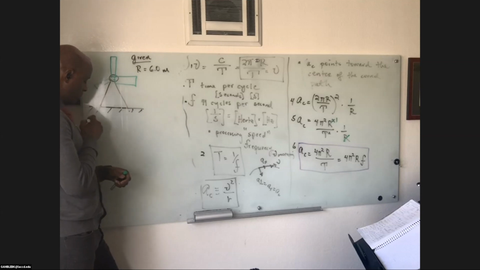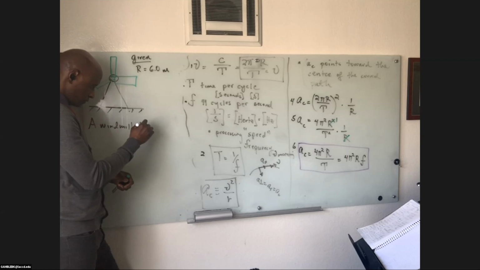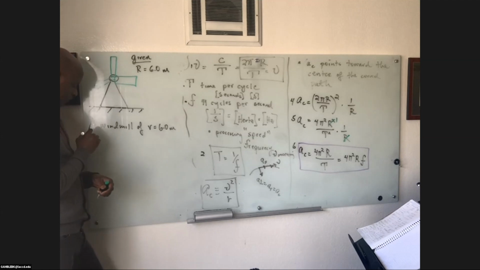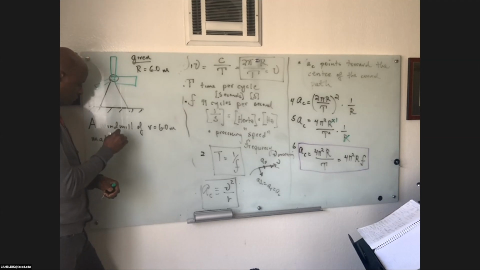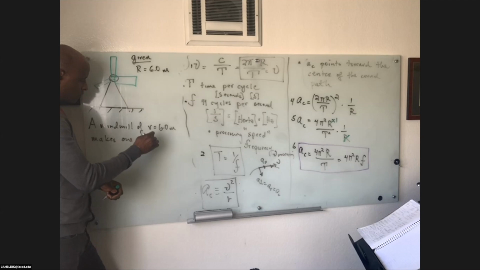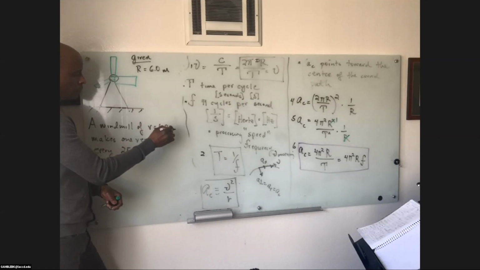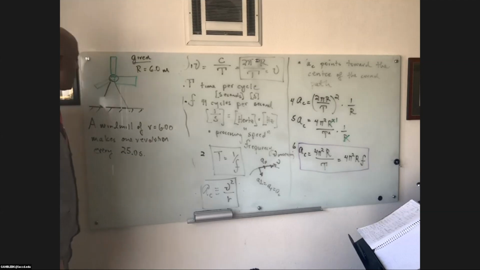So it makes one revolution every T equals 25 seconds. So what do we want to know?